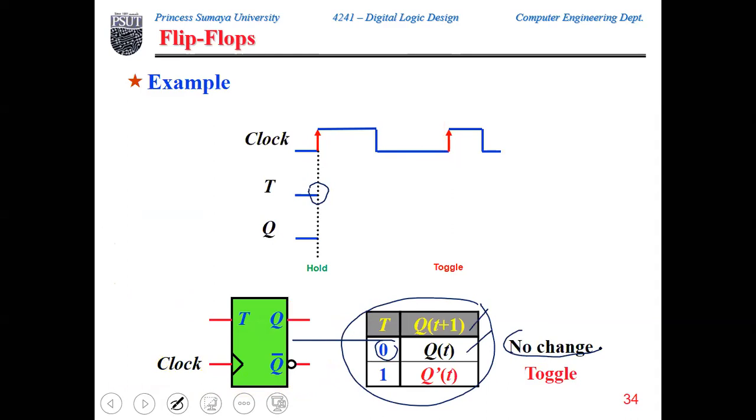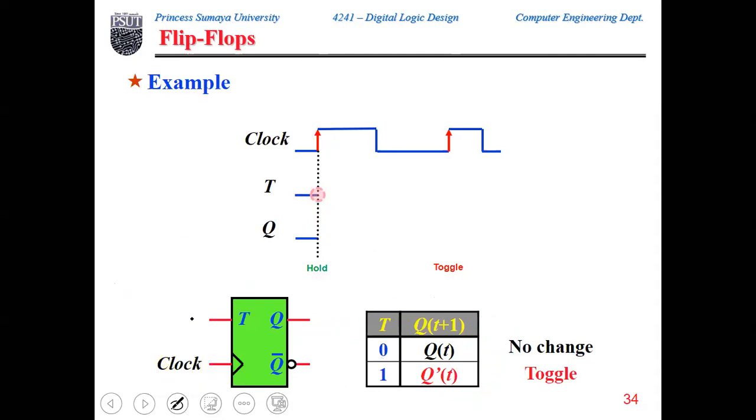And what is the old value of Q? It is 0. So what happened to this value after this edge? The value after the edge will be the same as the value before the edge because T at the edge is 0.